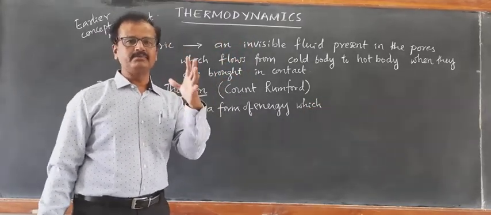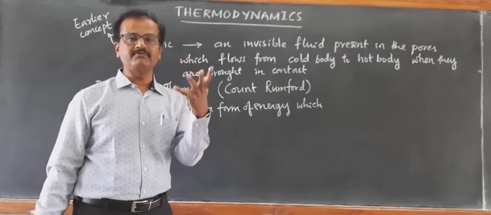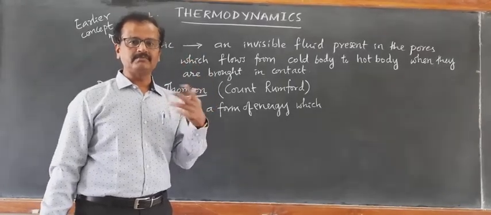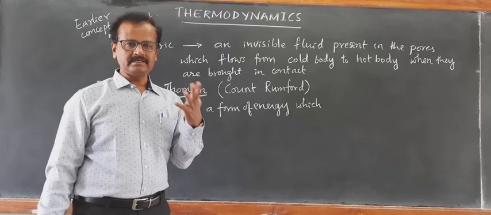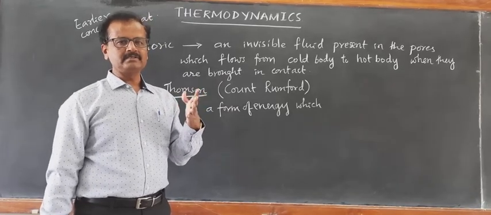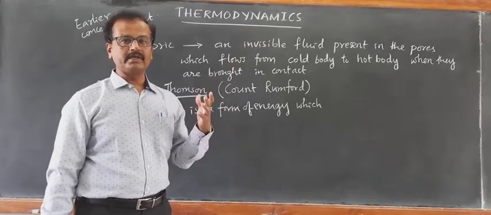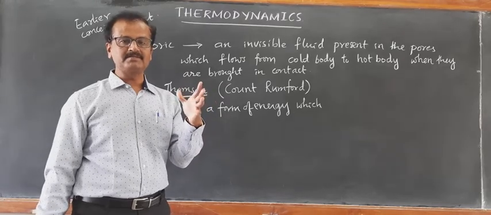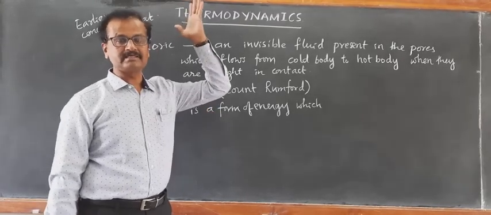Still we are using the term flowing. Flow means the one which can flow, means what? It should be a fluid. Still we are using that term, right? Heat is the energy which flows from hot body to cold body. If it is flowing, it should be a fluid. That was the earlier concept.